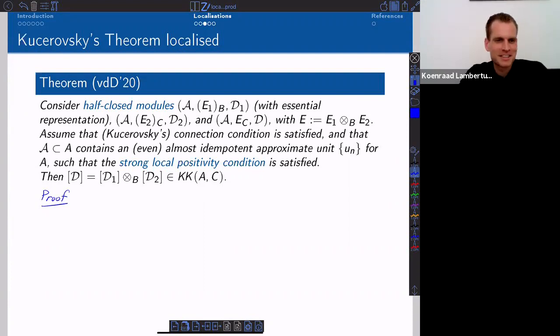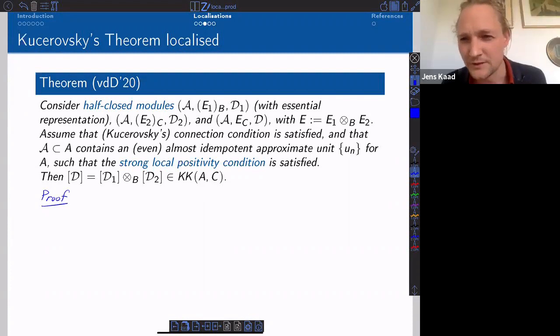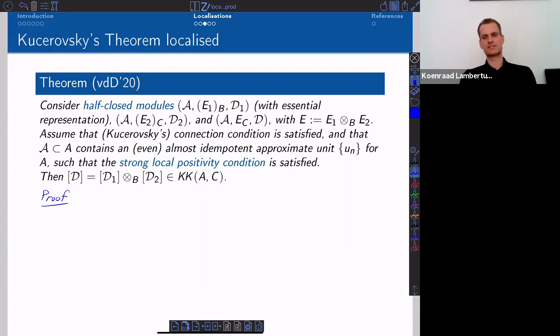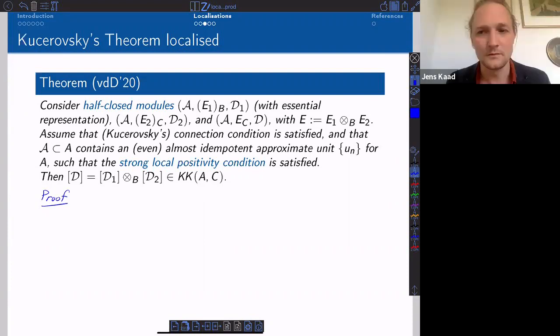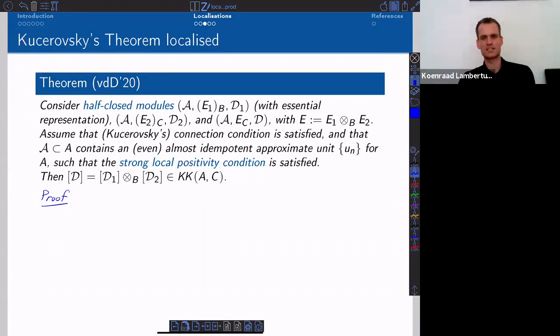At least in the theorem I'm presenting here, because of this strong local positivity condition, which you do not assume in your theorem, I guess. But also this almost idempotent approximate unit. You don't have an approximate unit maybe, but you have this localizing subset, you call it, I think, where the approximate units that I would consider would be a special case of your localizing subset. So I'm being a bit more specific in my assumptions, I guess.